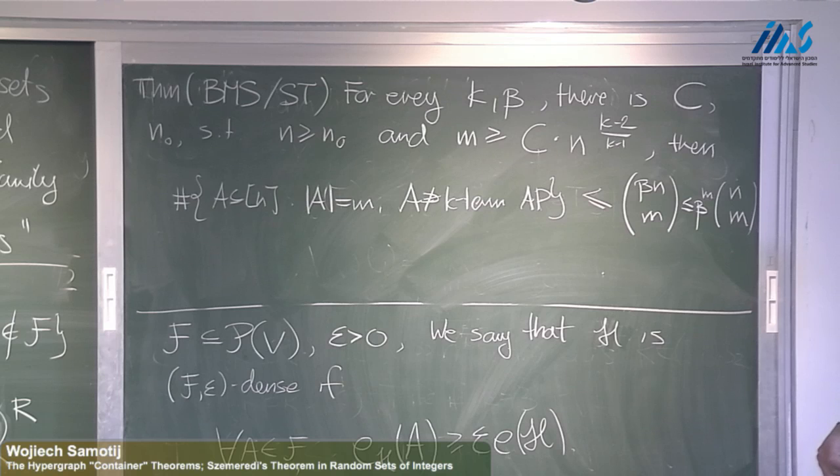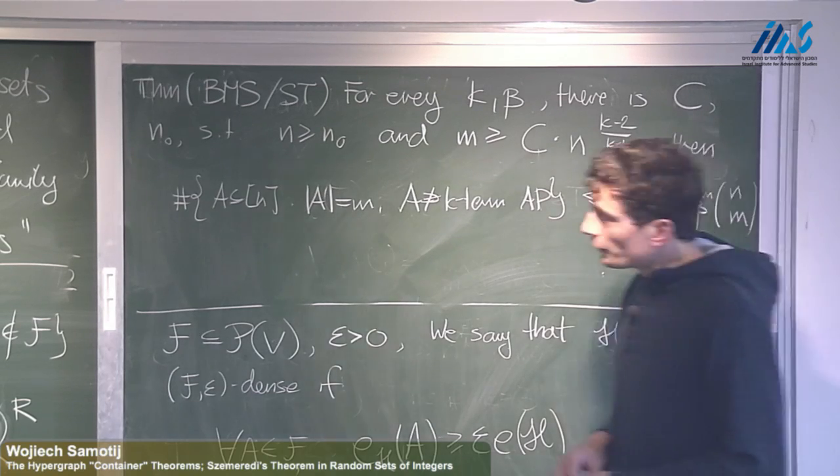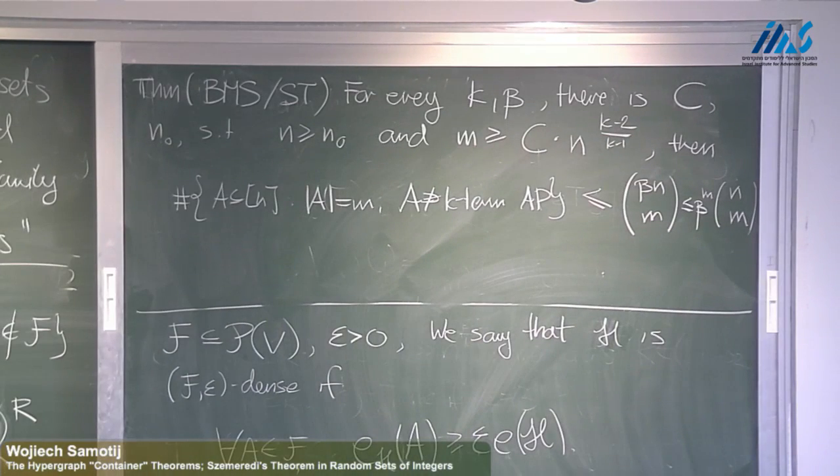Which specific properties of this hypergraph is used? That's a very good question. This is only using the fact that every set of linear size contains a constant proportion of the edges. And also there's this restriction on the degrees.